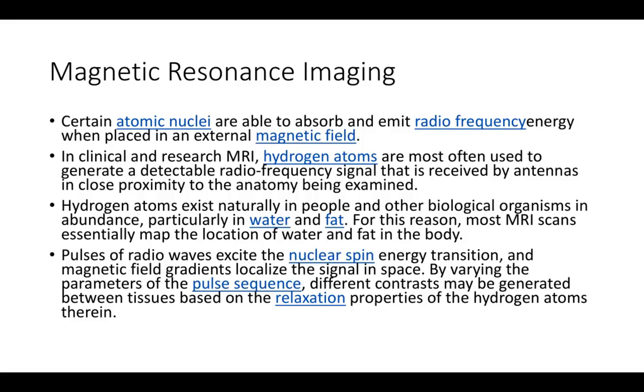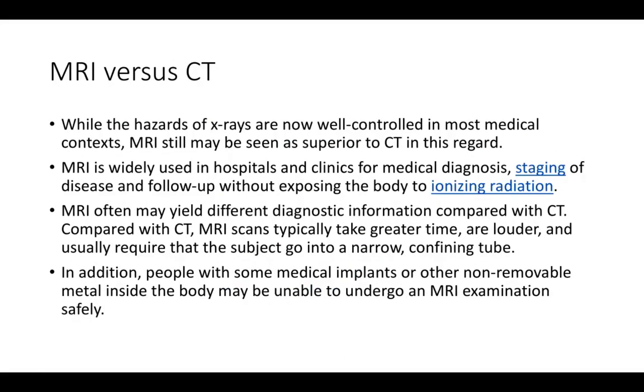These magnetic field gradients localize the signal in space. So by varying different parameters of the pulse sequence, which is the sequence of pulses given by the RF signal, you can look at different kinds of contrasts. And these contrasts occur because the relaxation properties of hydrogen are different for different kinds of observations, or you're observing it at a different period of time or under a different set of circumstances.